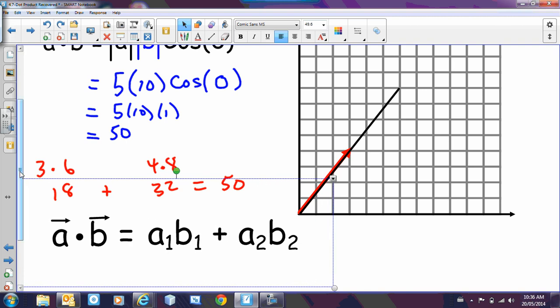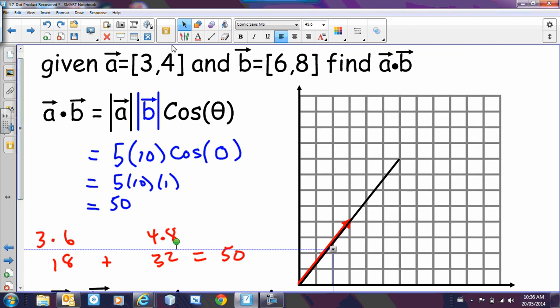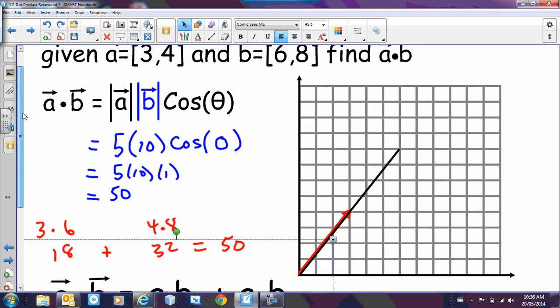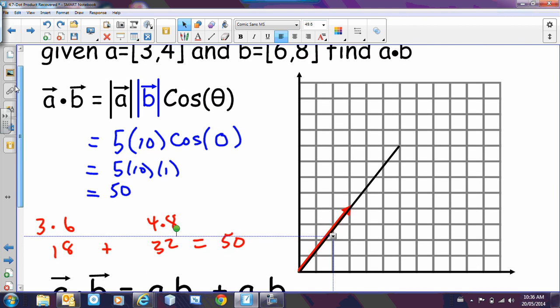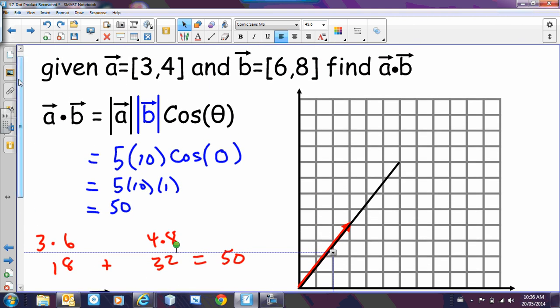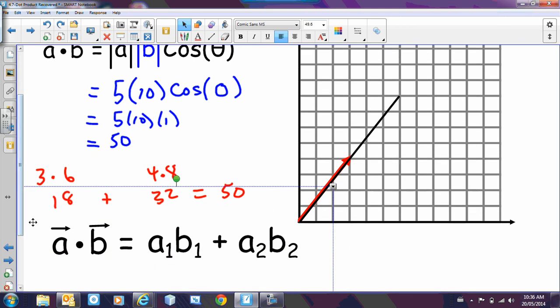In order to find the dot product, if I'm given the Cartesian values, I can simply multiply the first coordinate, the x value, from each vector, multiply the y values, or the horizontal components and the vertical components, and then add them together to get our final answer.